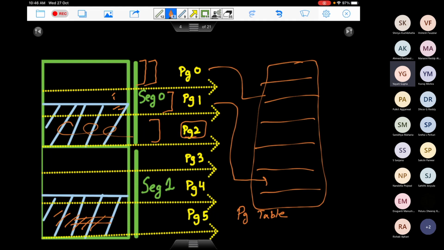Still, what you can do, if you want to save some space, is instead of a page table, you can have a page dictionary, right? Key value pairs. Your page numbers will become the key and your frame numbers will become the values. But then access will not be straightforward. I will have to do some kind of hashing. So it's totally your time space trade-off here. Right?